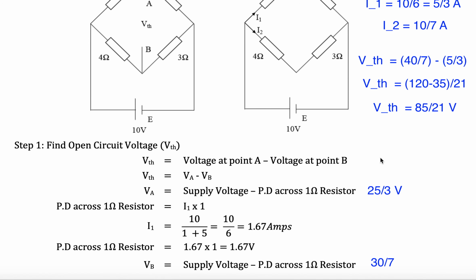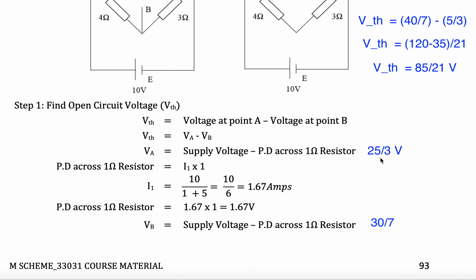So 25 by 3 minus 30 by 7 is VTH. Let's calculate it here. 21 is the LCM. 25 times 7 is 175, and 30 times 3 is 90. 175 minus 90 is 85 by 21. That is correct.